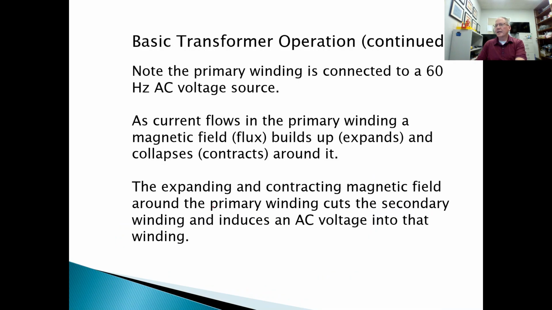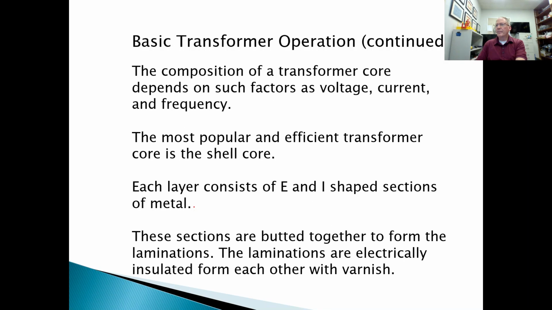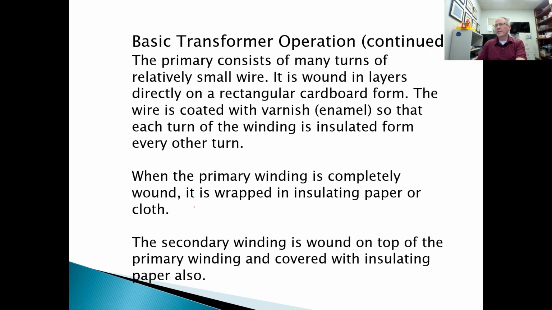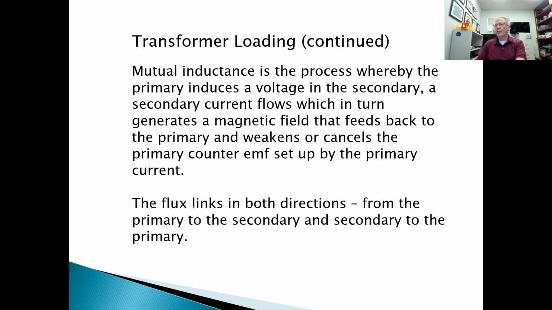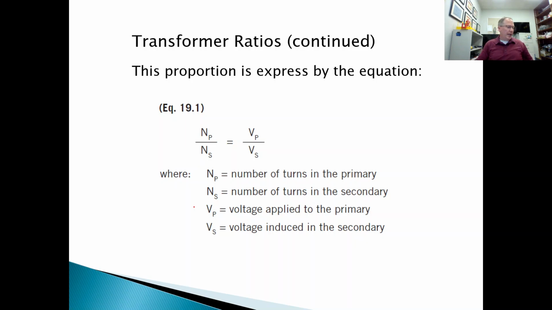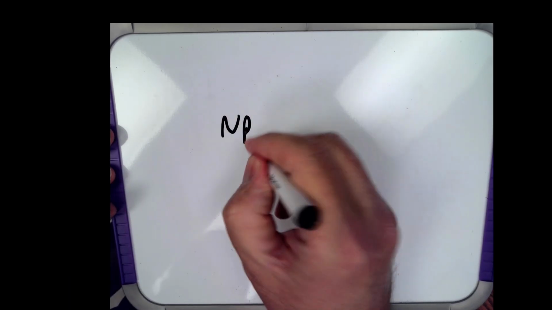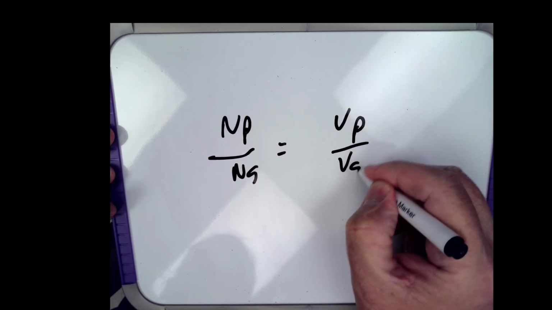So that is going to get us to, and you can read all those slides I'm skipping, but it will get us to this formula here where NP over NS equals the voltage in the primary over VS.